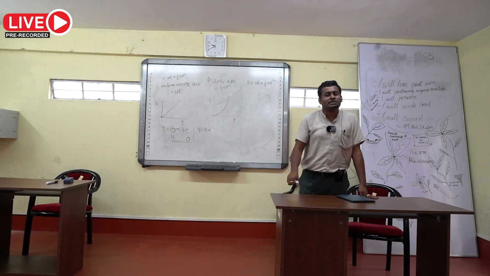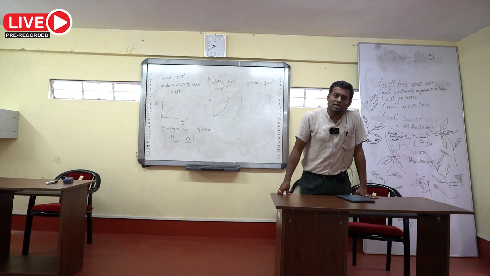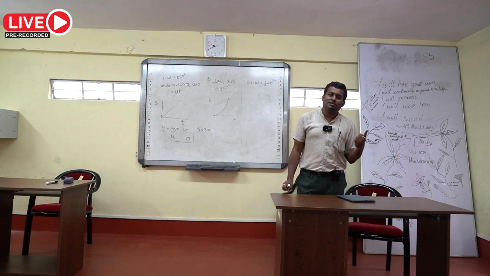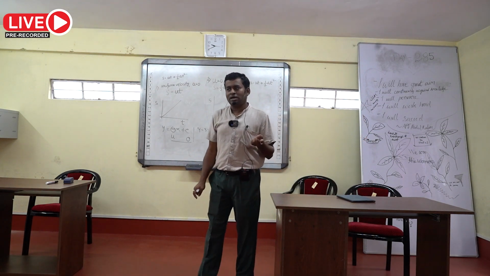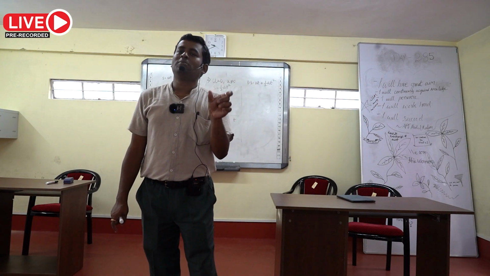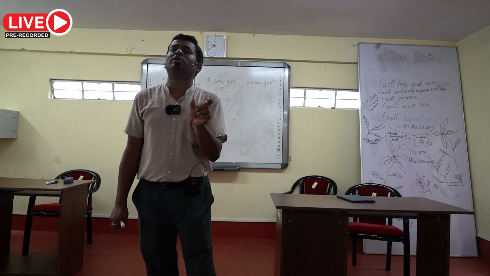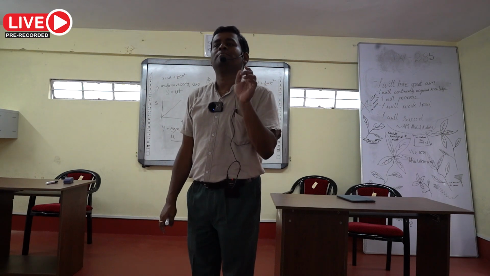So the t square factor will be dominating. The nature of the graph will be according to the dominating factor. Only t to the power 1 represents a straight line, t to the power 2 represents a parabola. When t and t to the power 2 are both present, the dominating factor is t to the power 2, so the behavior of the graph will be like t to the power 2. So it will be a parabola.